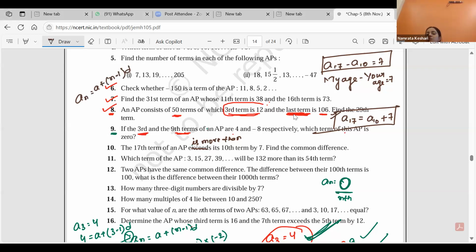For this particular question, we don't know what is a, we don't know what is d, but at least we know what n is. n is 17. So for A17, using the same formula, we can write a plus 17 minus 1 into d. Are you able to write it directly as well? That A17 will be a plus 16d? Yes or no? Yes, ma'am.